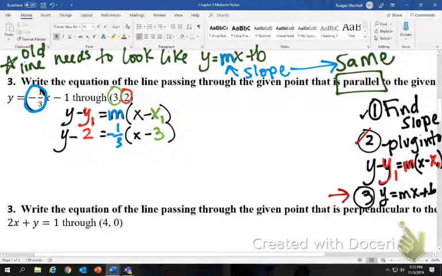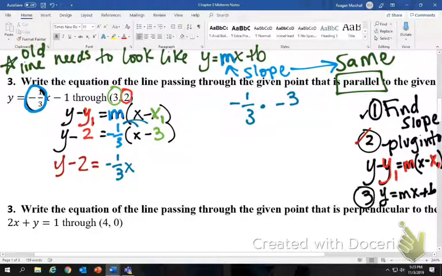Now we want to solve for y equals mx plus b. So we want to get y by itself. In order to do that, we need to distribute on the right side. So we got negative 1/3 x. Then we have negative 1/3 times negative 3. So if you remember, you're going to write that over 1. This is multiplication. So when you multiply, you don't have to have the same denominator. You just multiply straight across.